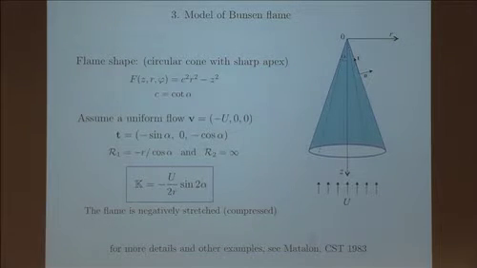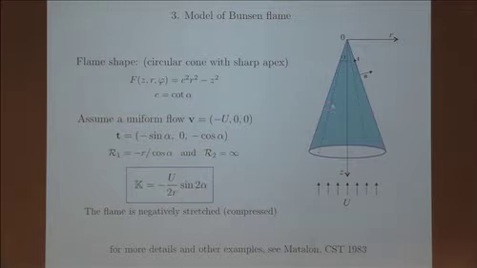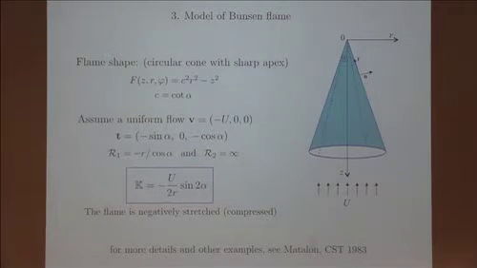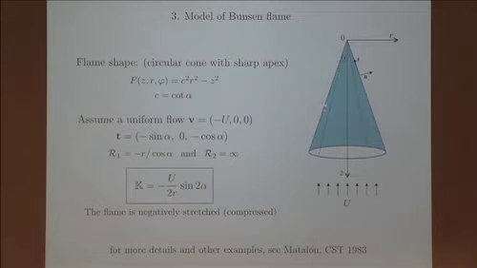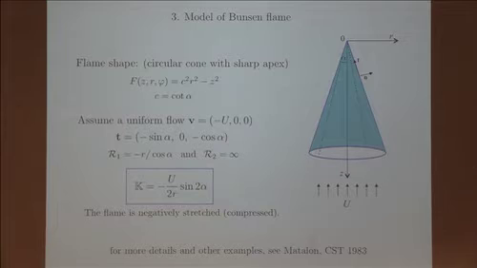Okay. And the two radii of curvature in this case are infinity and minus r over cosine alpha, because if you take a horizontal cut, then the radius of curvature is not r, but it depends on the angle alpha.